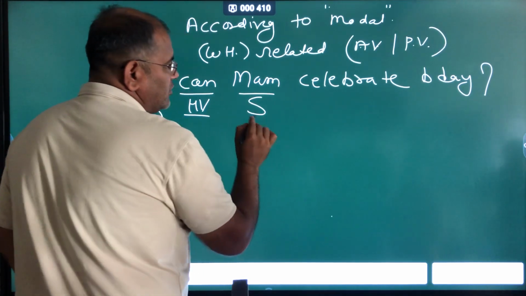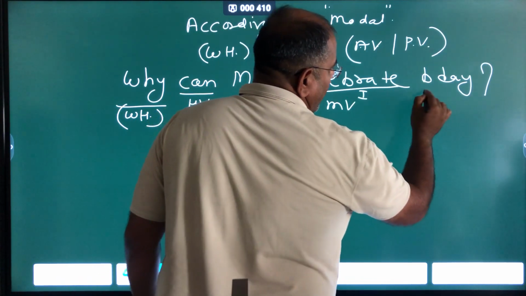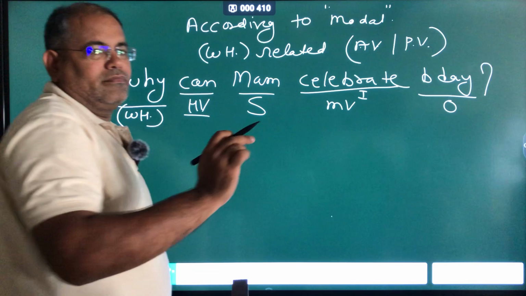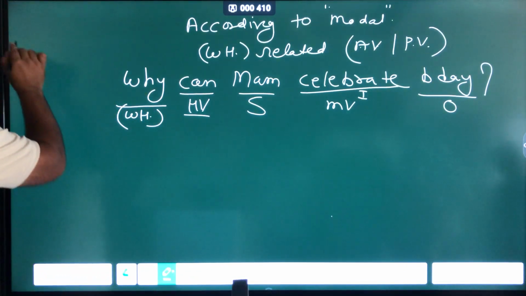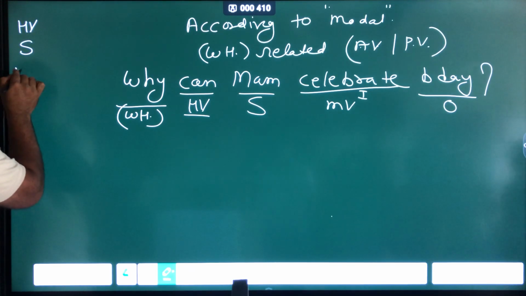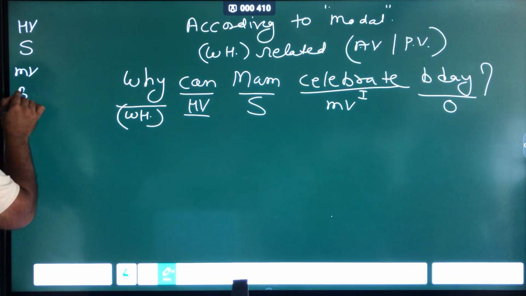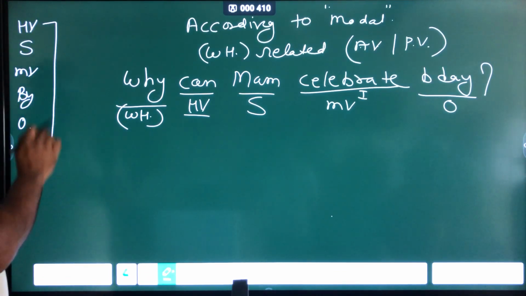Ma'am is the subject, celebrate is the MV's first form, and B day is the object. Is that clear? And now at the first we have to use HV, then subject, then MV, then by, and then object. This is the pattern to change the sentence.